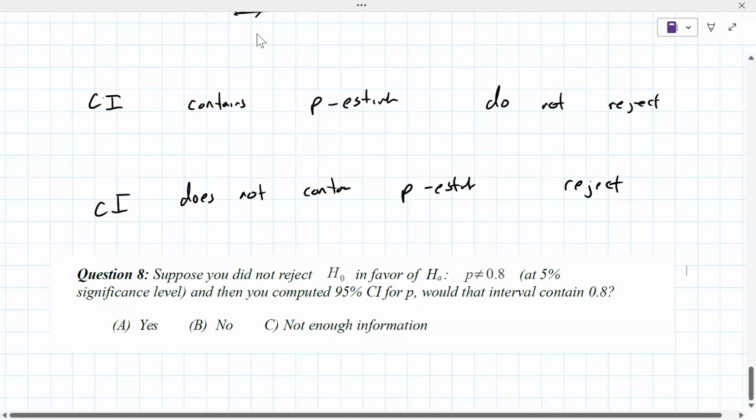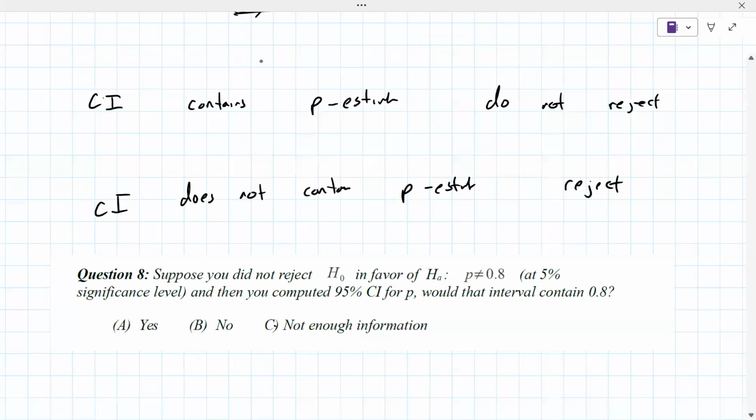I don't know. Yeah, but it's not C. I'm not sure.